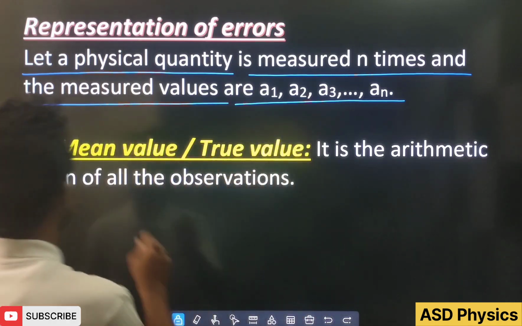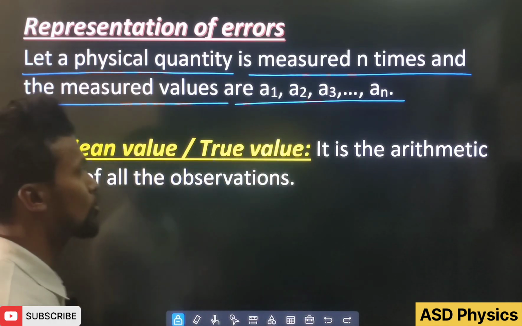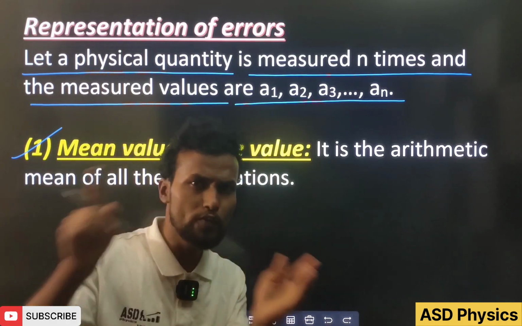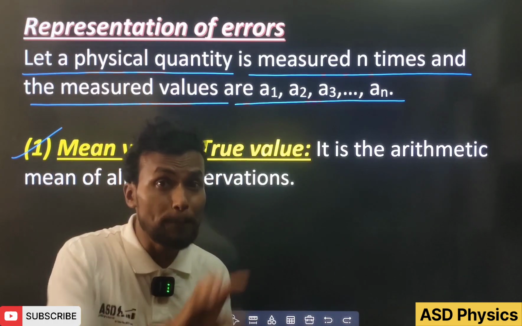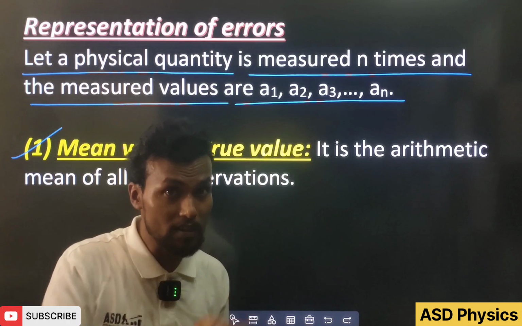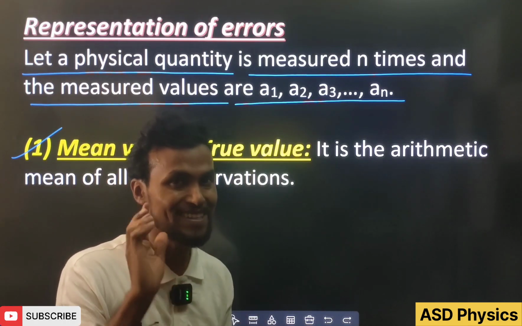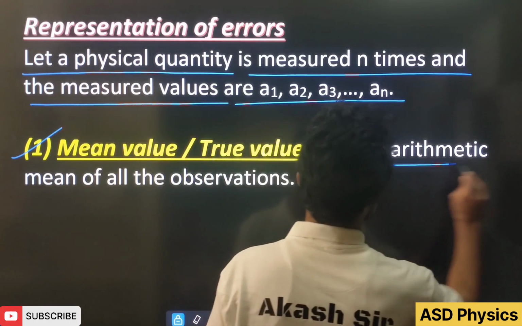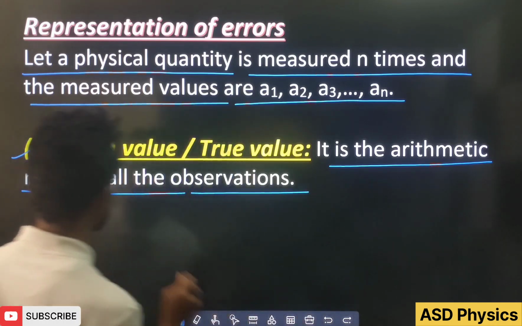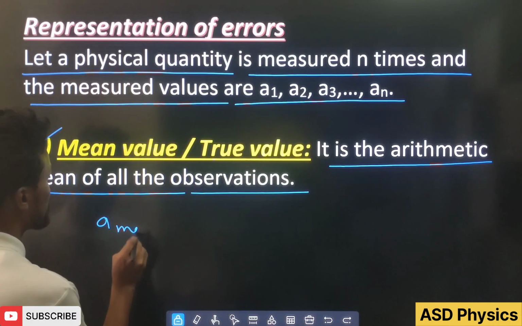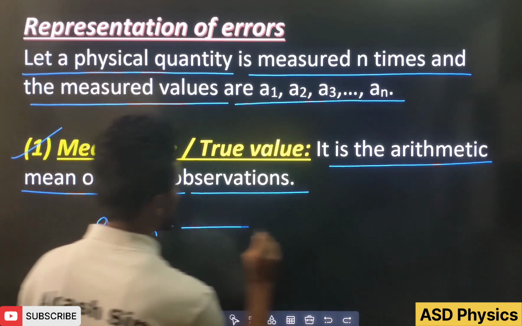Great. Now see, the first one, mean value or true value. Like before I have told you, true value is not directly coming from the sky. This true value is also the mean of the observational readings. It is the arithmetic mean of all the observations. So if I write here the mean value or true value, what will happen here?